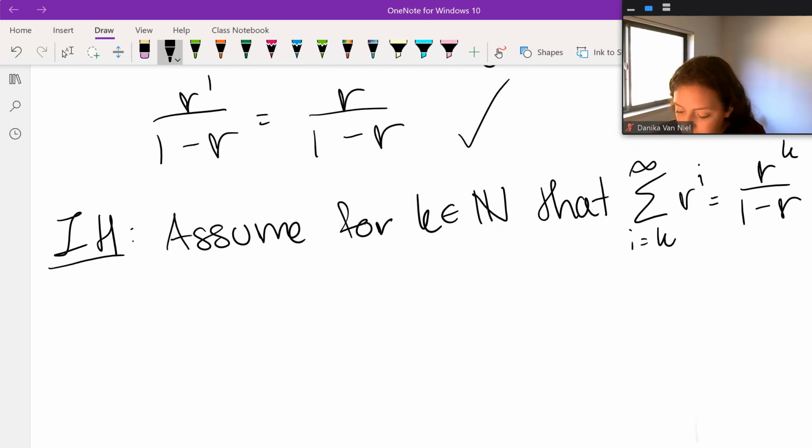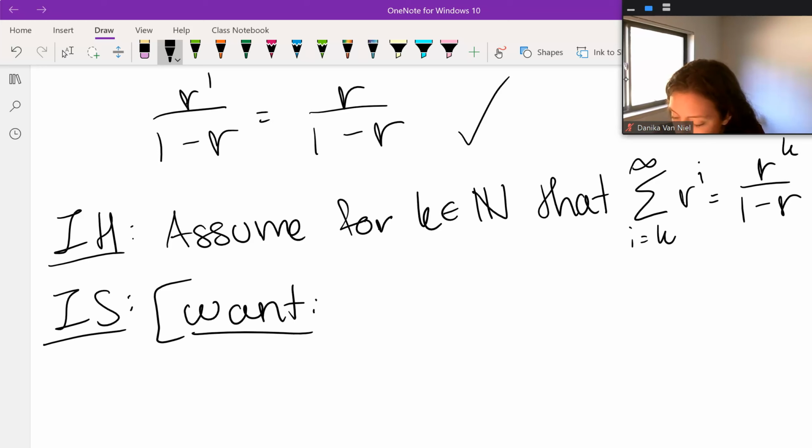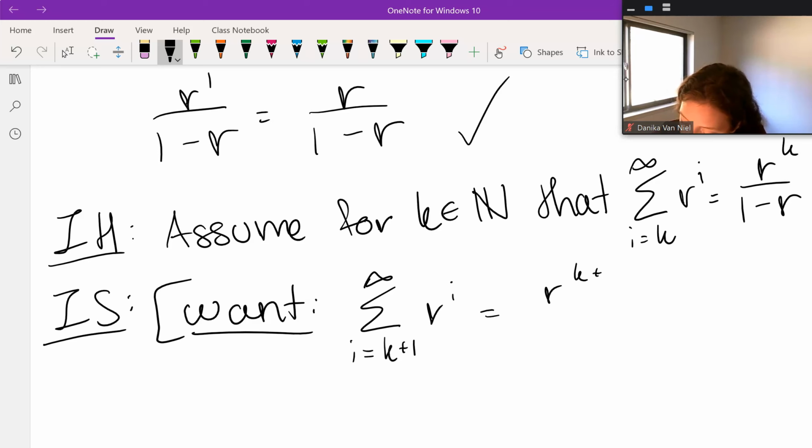So now inductive step. First, I like to start with what we want. Okay, so I want to show that the summation from i equals k plus 1 to infinity of r to the i is equal to r to the k plus 1 over 1 minus r. Okay.